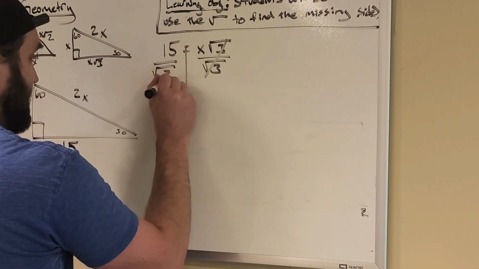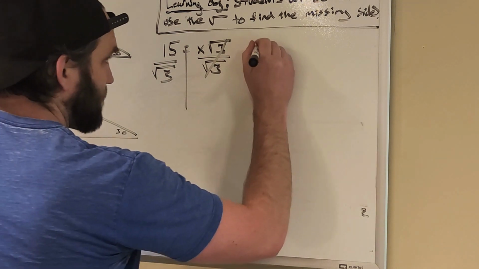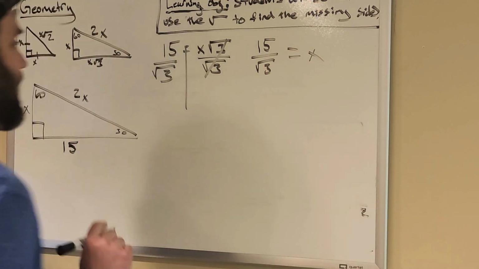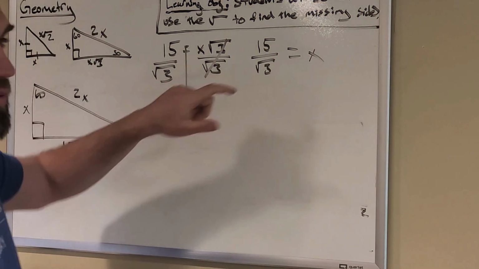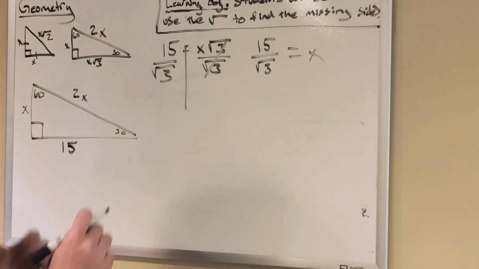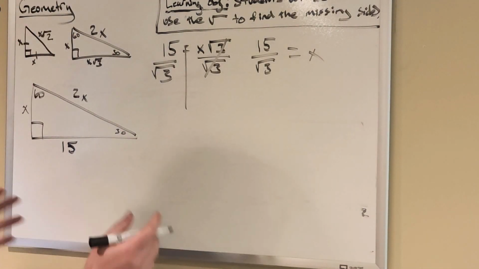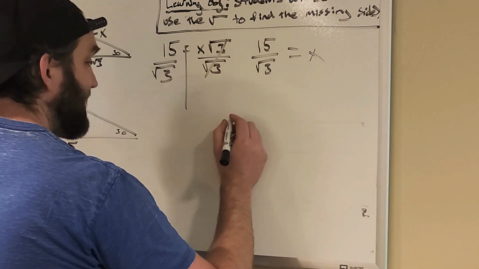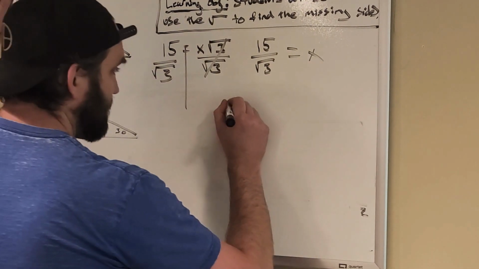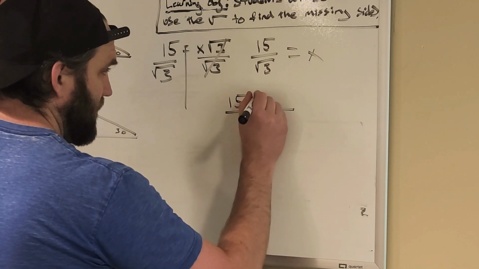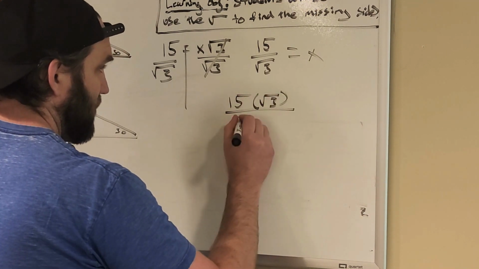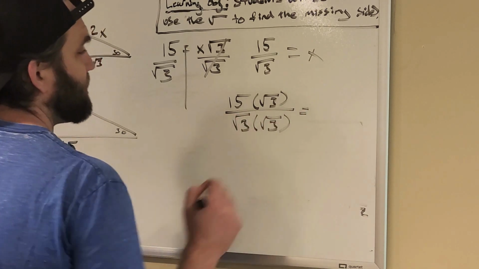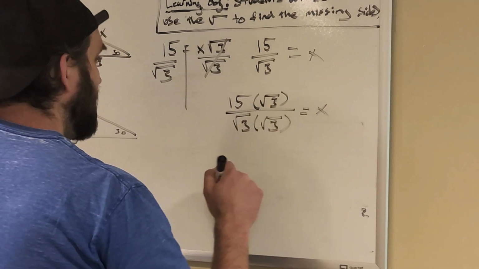I'm left with 15 over the square root of 3 equals x. However, that doesn't help me because I have a square root 3 in the denominator. I got to get that out of there so it's a proper fraction. So I multiply both numerator and denominator by the square root of 3: 15 square root 3 over square root 3 times square root 3. And that's going to be x.